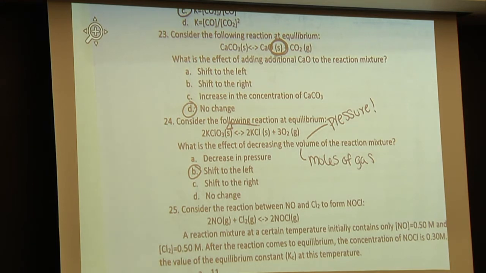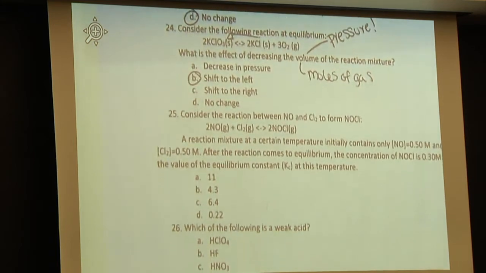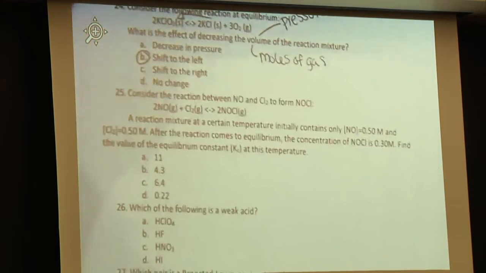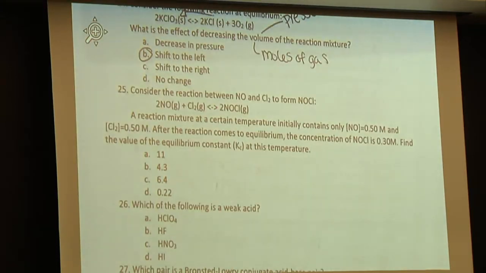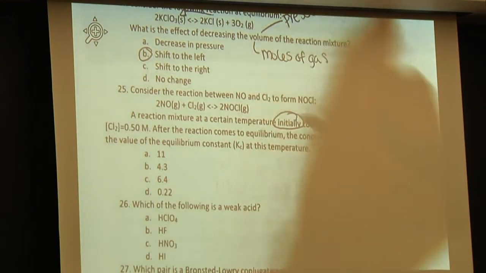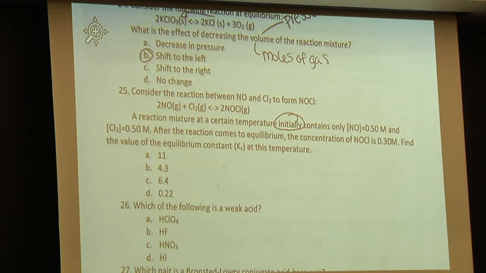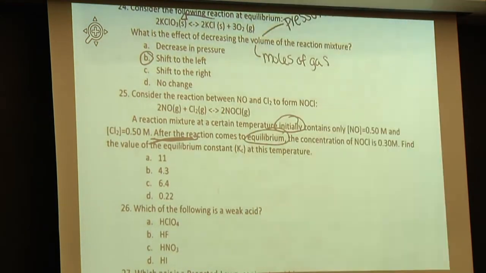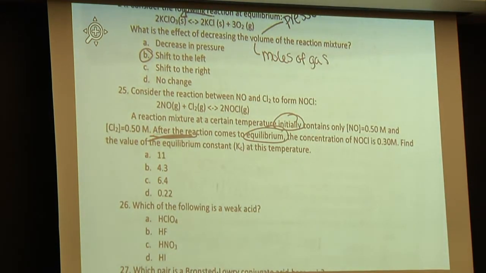Okay, number 25. Consider the reaction between NO and Cl2 to form NOCl. A reaction mixture at a certain temperature initially contains only NO and Cl2 at 0.5 molar. After the reaction comes to equilibrium, the concentration of NOCl is 0.3.